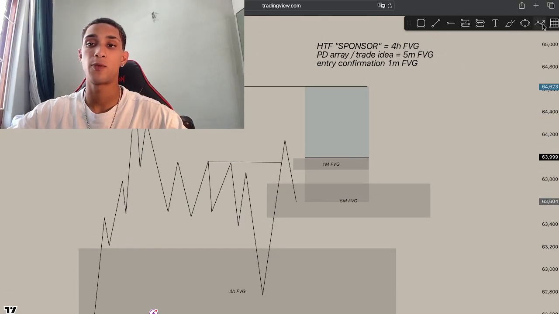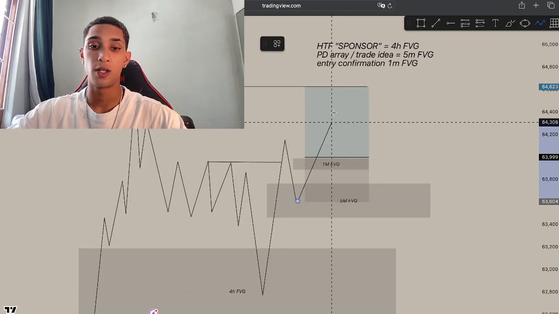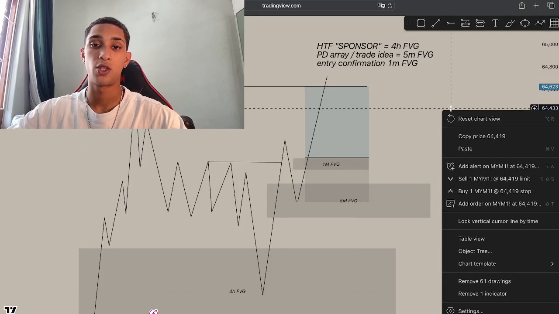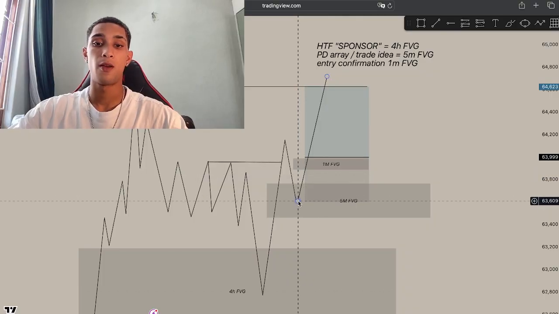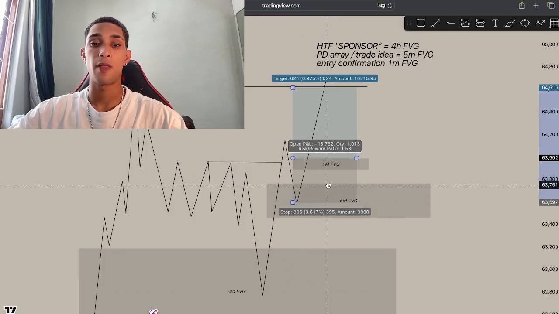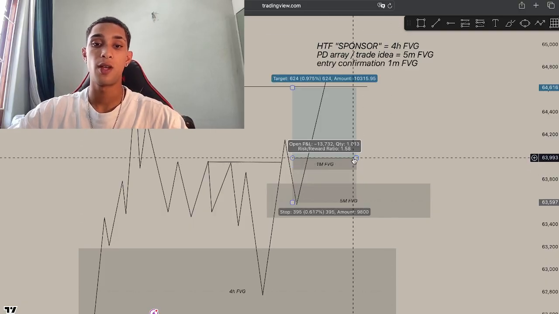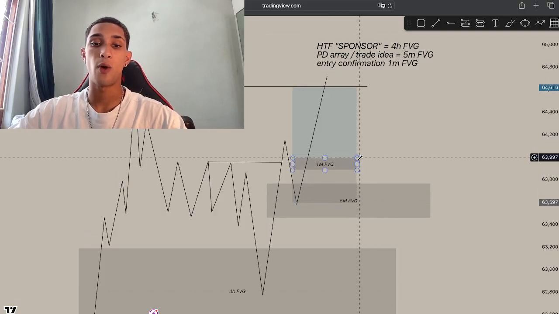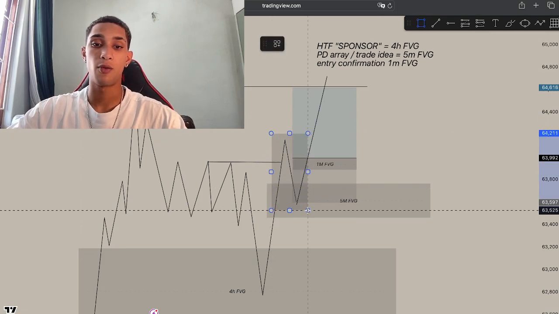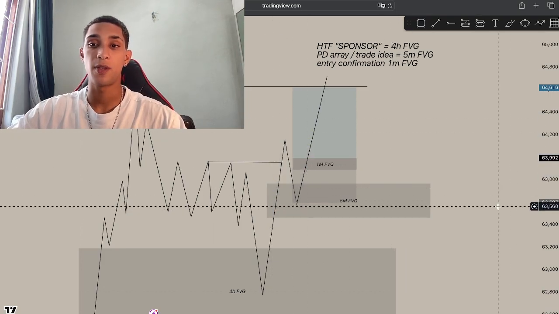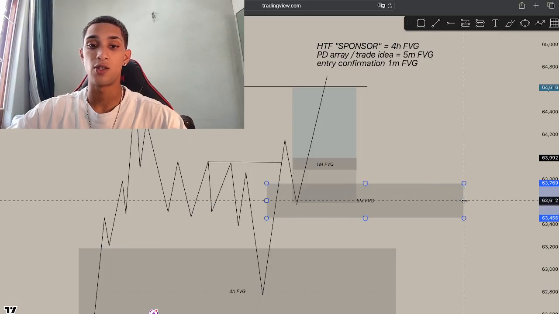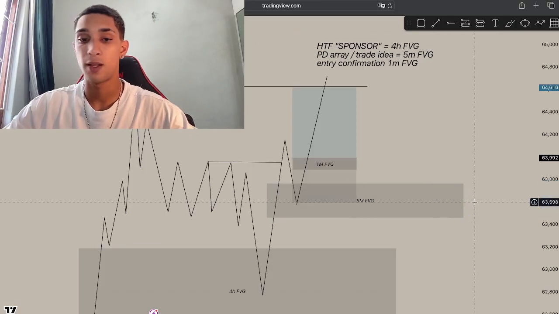I speculate price will use it to continue on a short-term level, right? And from there, to make sure that price is truly using it to continue, we just wait until a 1 or 2 or 3 or whatever minute fair value gap within the range that tapped your trading idea zone gets disrespected.